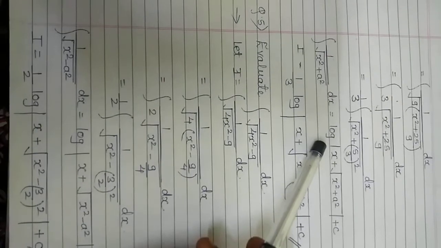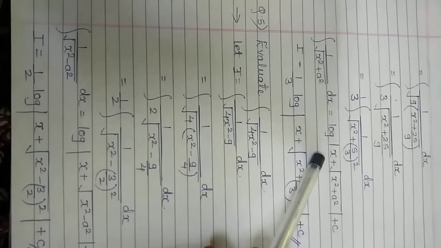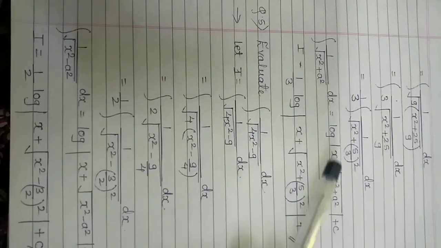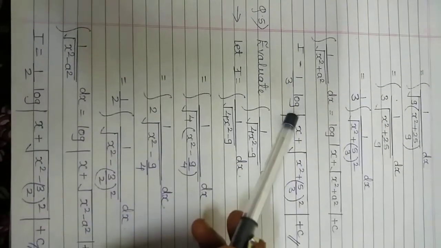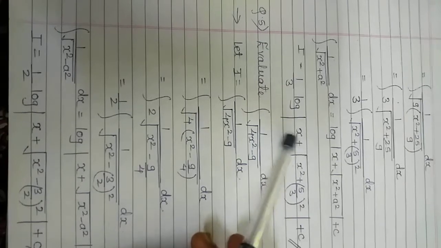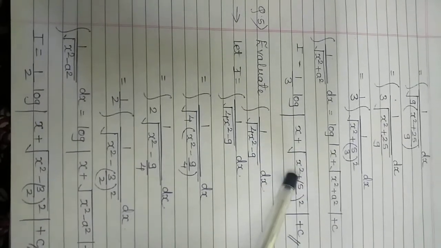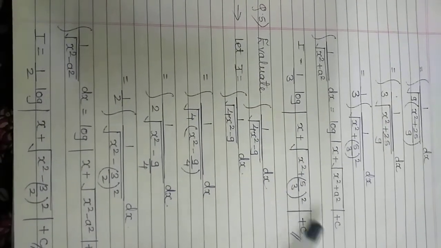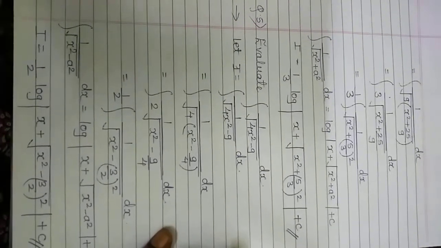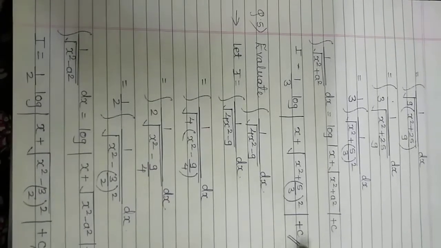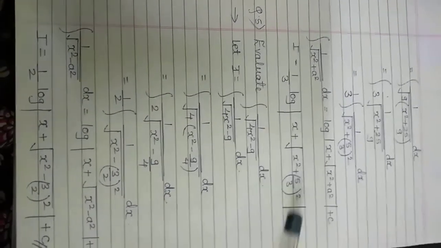So applying that formula and substituting the value of a as 5 by 3, we will get 1 upon 3, which is constant, into log mod x plus under root x square plus 5 by 3 the whole square plus c. Since further simplification is not possible, we will keep the answer as it is.